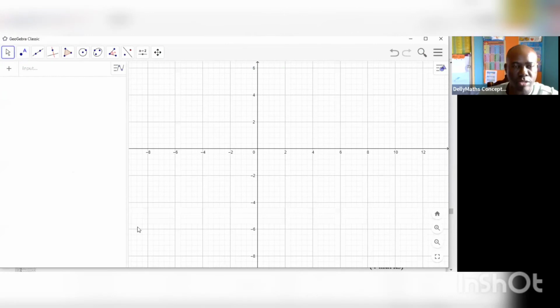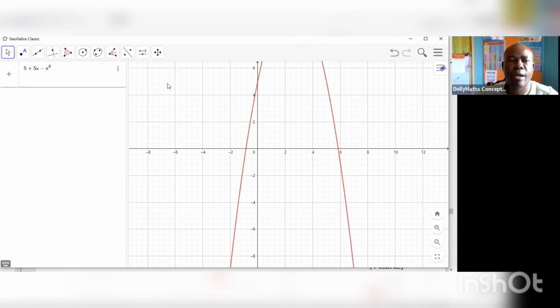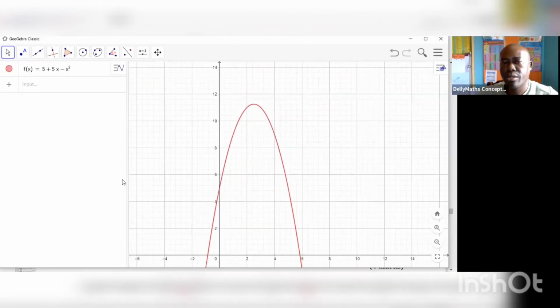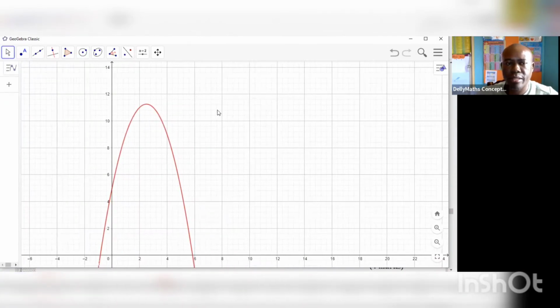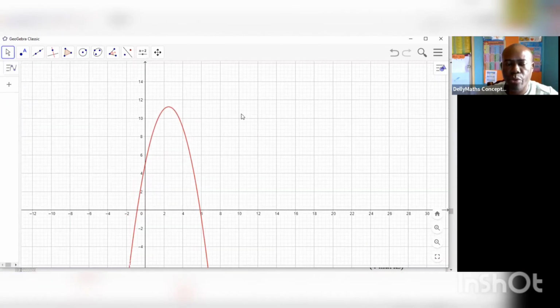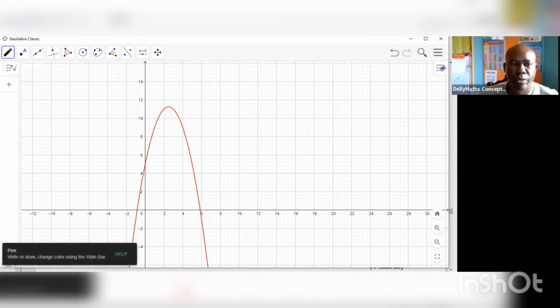All right, so we could draw this quickly to see what it looks like. So this is what we're actually dealing with. They want us to see where x is 2, and here is 2.